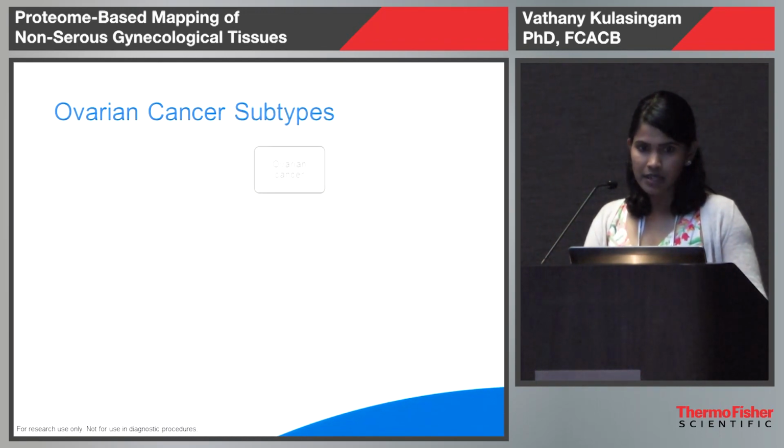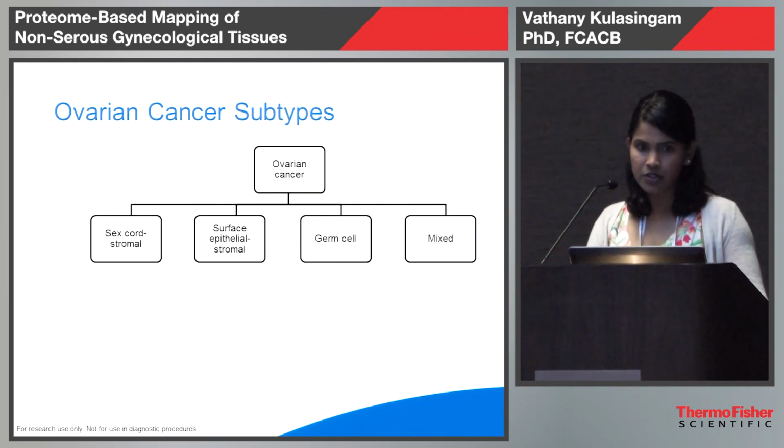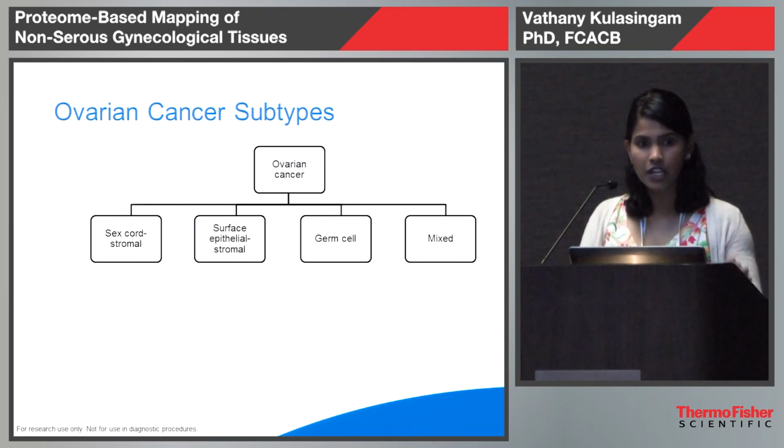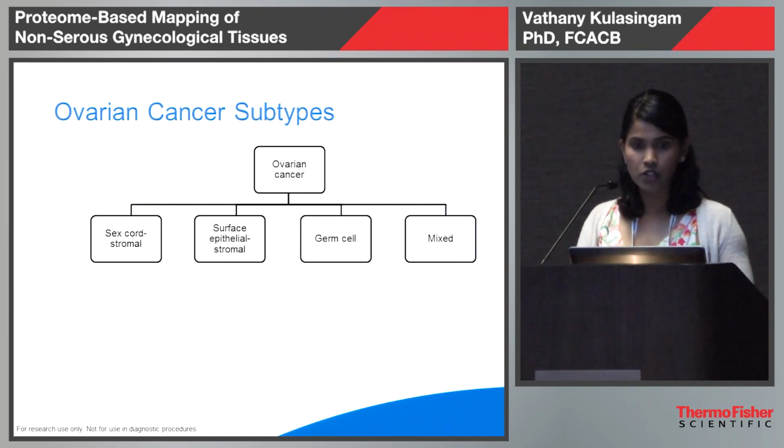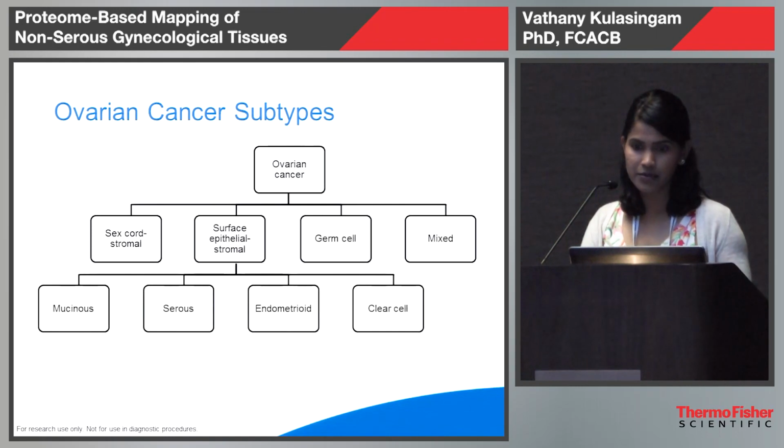But ovarian tumors can actually be categorized further based on their histopathological analysis. The majority of the tumors will fall into the surface epithelial stroma, but you can also have germ cell, sex cord stromal, or mixed cell tumors. The surface epithelial stroma can be further subdivided into these 4 subtypes.